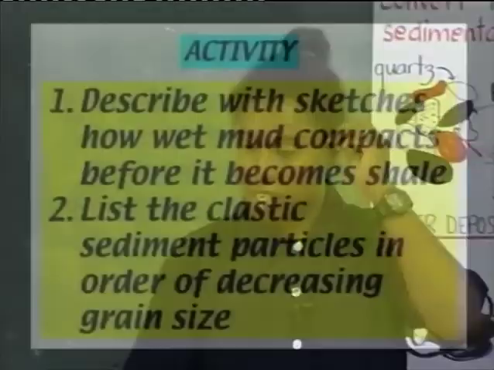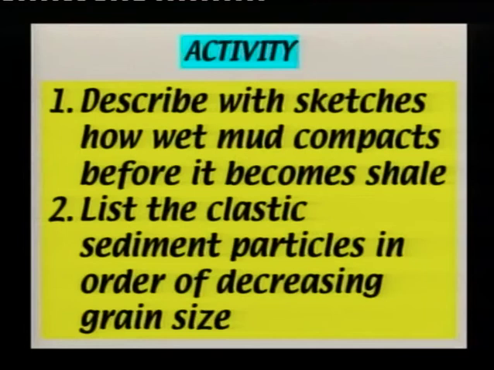The first one, I'd like you to describe with sketches in your exercise book how wet mud compacts before it becomes shale. I've just gone through the process of how shale is formed. You are going to sketch the information in your book and also explain how wet mud compacts before it becomes shale.